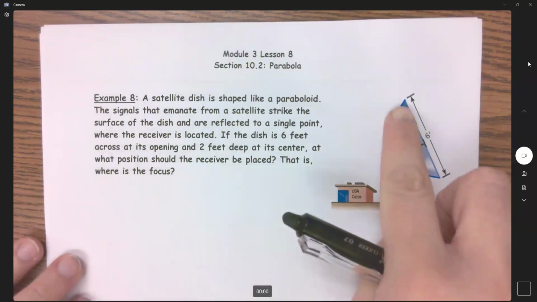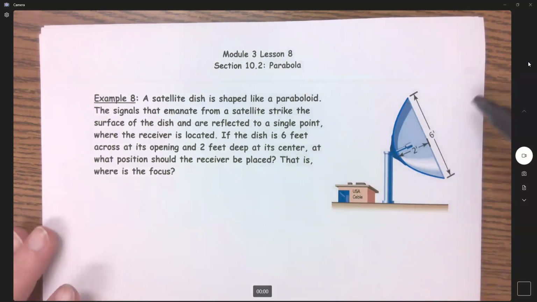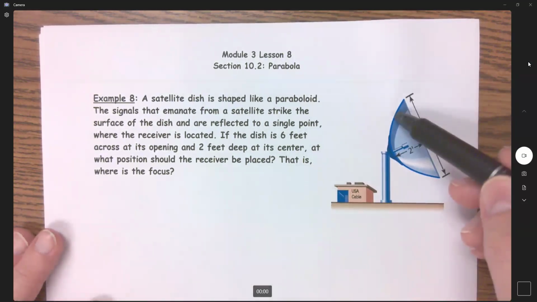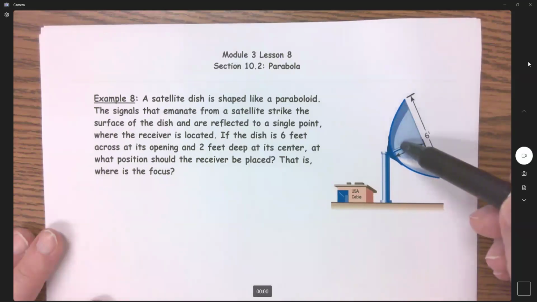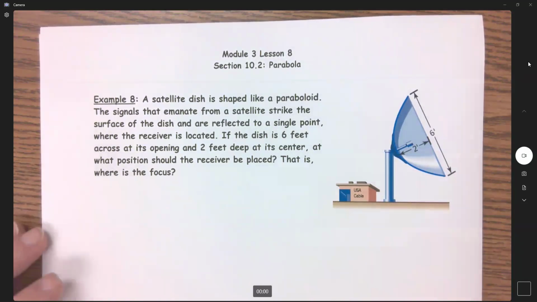So what's cool about satellite dishes, they are parabolas, and no matter where it hits on this surface in that satellite, it's automatically going to bounce off and come right here to that center, which is essentially where the focus is.